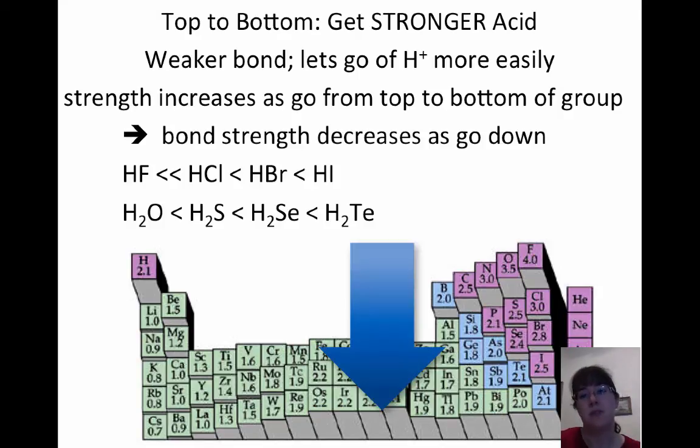The farther down you go, the weaker the bond is, because there's a greater distance between the nucleus and its outermost electrons, and the atom is worse at holding on to anything.